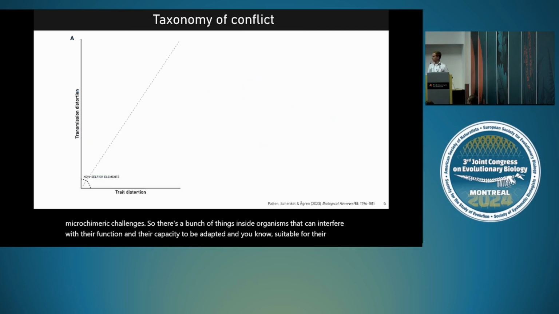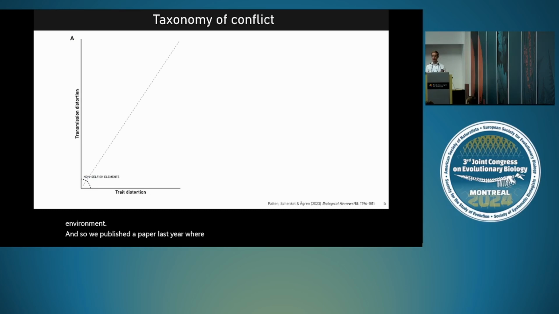And so we published a paper last year where we analyzed how these different suborganismal elements may interfere with organismal biology, identifying two main strategies, which we dubbed transmission distortion, which, for example for genes, is basically interfering with the rules of Mendelian inheritance, or trait distortion, where some selfish elements act to alter the organism in some way as a whole to get their way in the grand scheme of evolution.